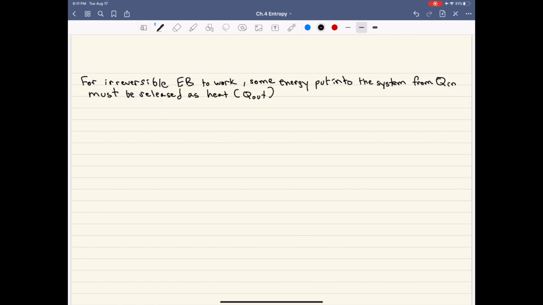To illustrate this idea, if we take a look at our piston cylinder, we have the gas that is expanding, and we put heat into the system.